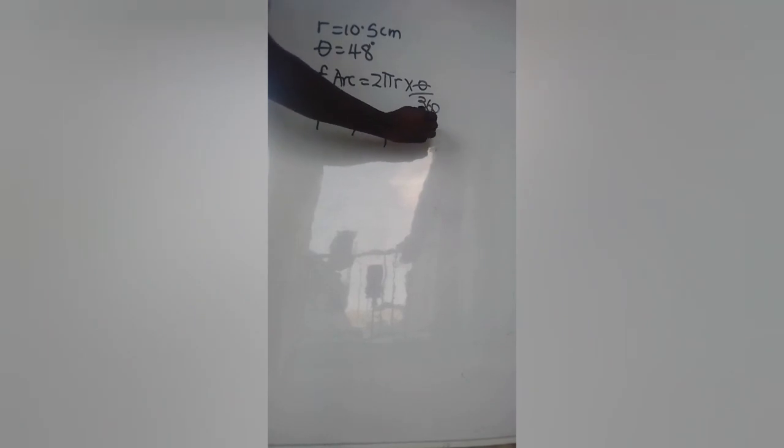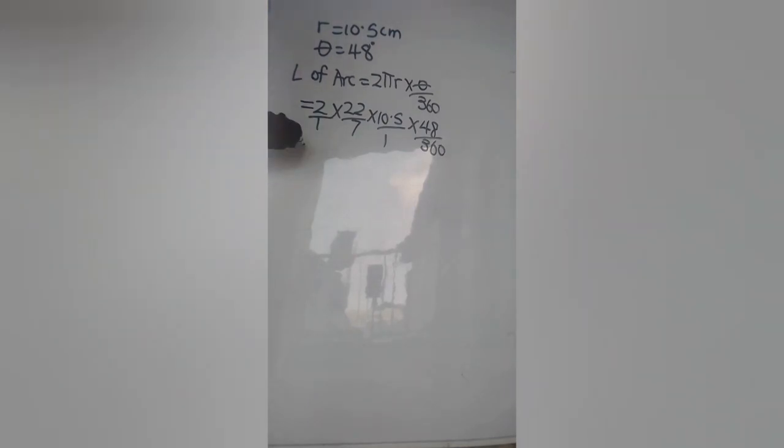But before we can find the perimeter, we first get the length of the arc with this formula, 2 pi r times theta over 360. 2 over 1 times 22 over 7 times 10.5 over 1, which is the radius, multiplying 48 over 360. When we multiply and divide, we get 8.8 cm.